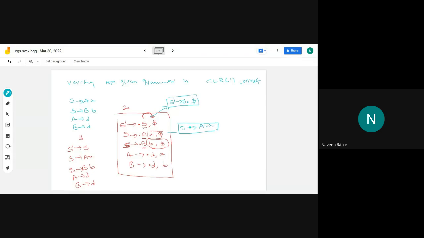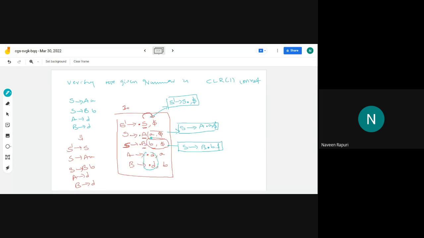Sir, we need to check whether there are any productions after the dot for capital A. No symbols are there, no productions are there, so no need to expand. Next, S derives B dot small b, comma dollar. It is the same, so no need to add any other productions.